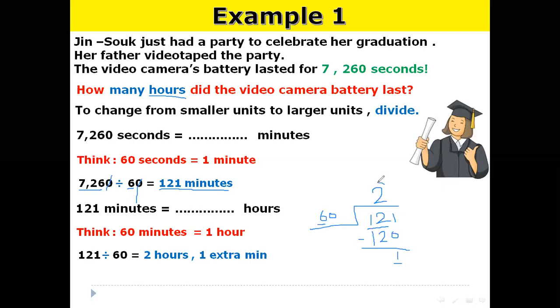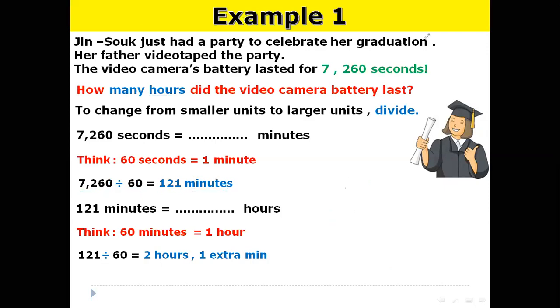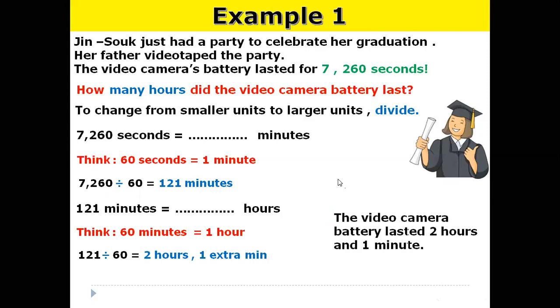So we get 2 hours. The remainder is in minutes. So 2 hours and 1 extra minute. So the camera lasted for 2 hours and 1 minute.